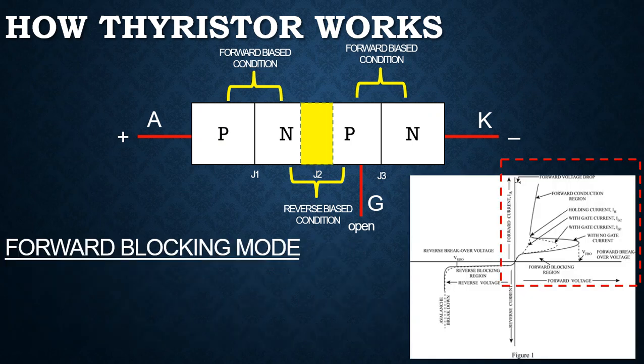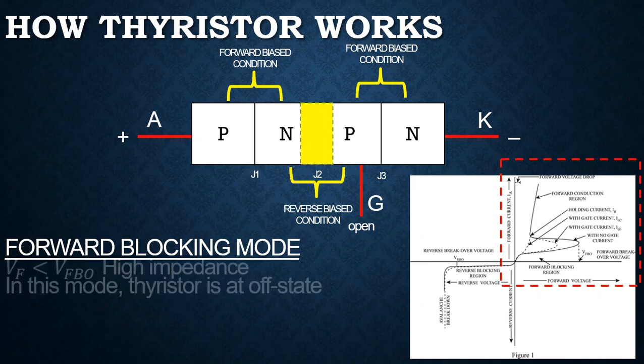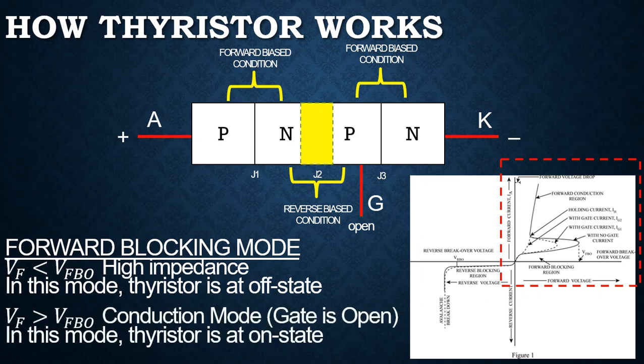Sa forward blocking mode, when forward voltage is less than the forward breakover voltage, thyristor is at off state because of high impedance. Sa forward blocking mode, mag-on lang ang thyristor kapag na-reach or above the forward breakover voltage.